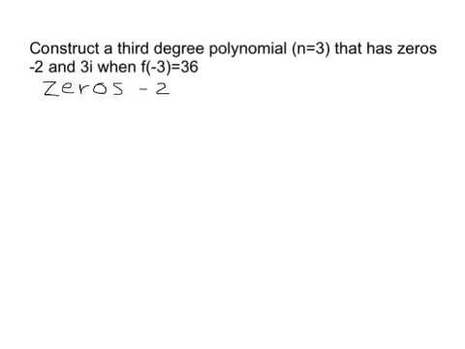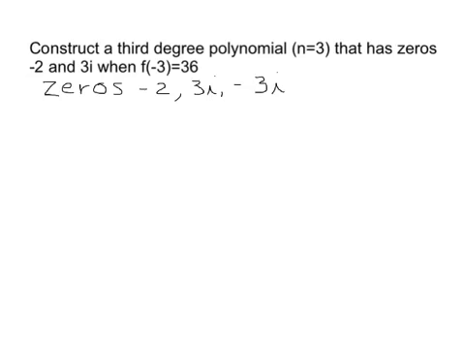-2 and 3i are zeros, but if there's 3 of them, we also know that -3i, the conjugate of 3i, is also a zero, because imaginary zeros always come in pairs.